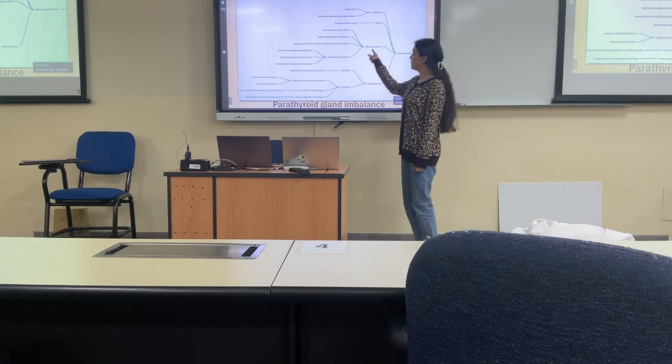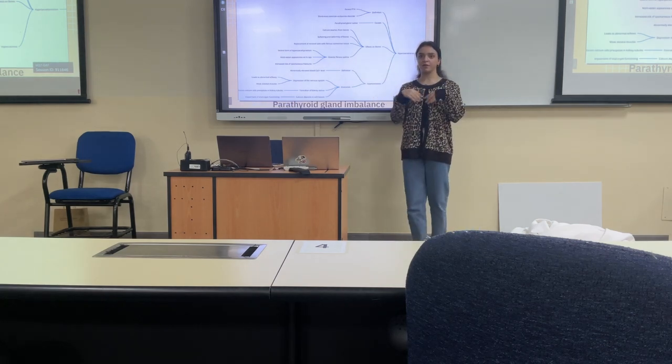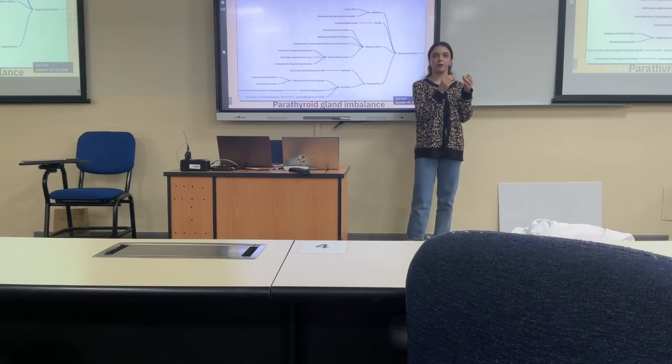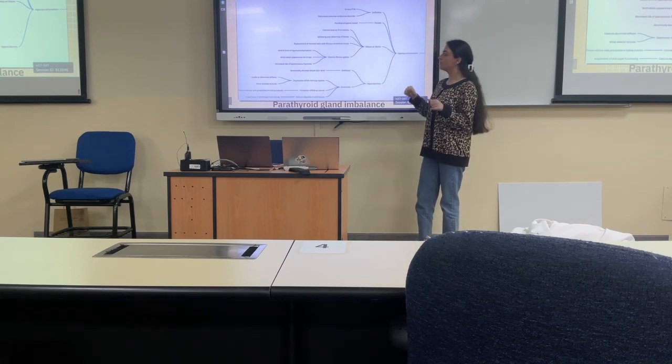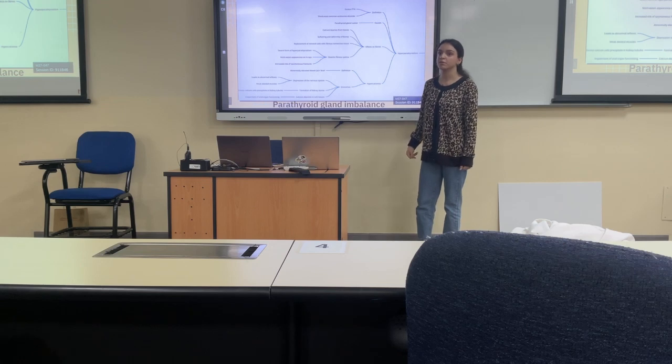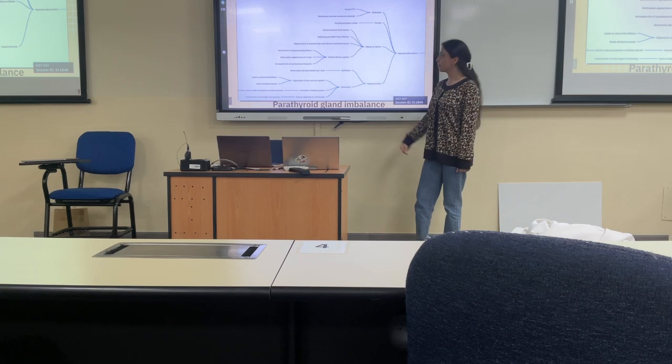What effect does it have on the bone? If I'm having a lot of calcium and a lot of parathyroid hormone, I'm telling it to eat up the bone. What will happen to the bone? Low bone density, exactly. Osteoporosis, yeah.